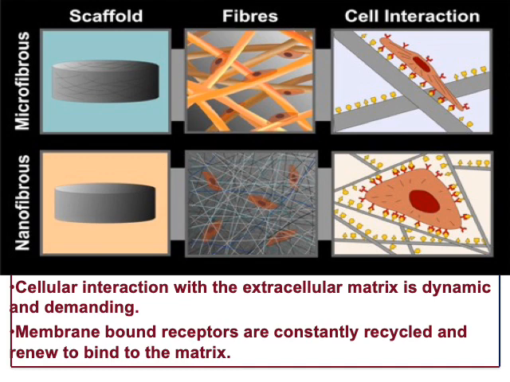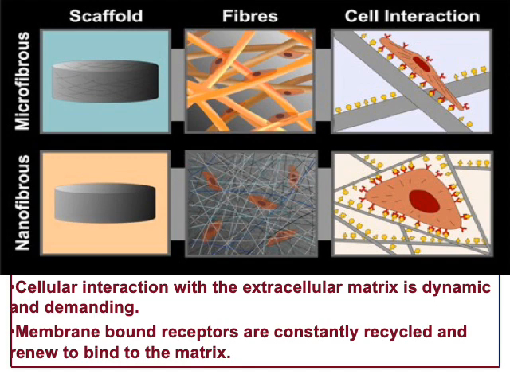Cellular interaction with the extracellular matrix is a dynamic and demanding process. This contact is not just a cellular adhesion requirement, it is also for intracellular processes. Cells demand this adhesion to stay alive and to manufacture their own tissues.